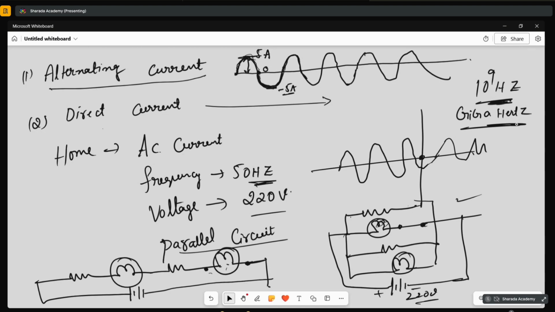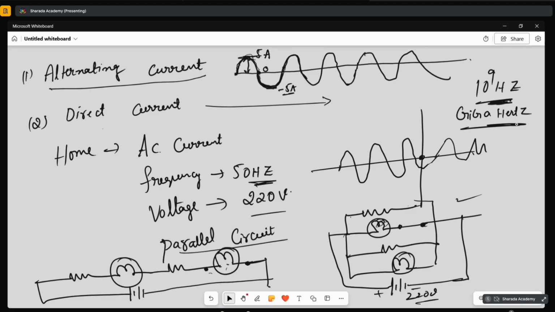So there will be loss of power. Power means current into voltage. Always we try to measure in terms of power. At least some minimal loss will be there, but when you use direct current, the loss will be very huge. That is the reason we use alternating current.